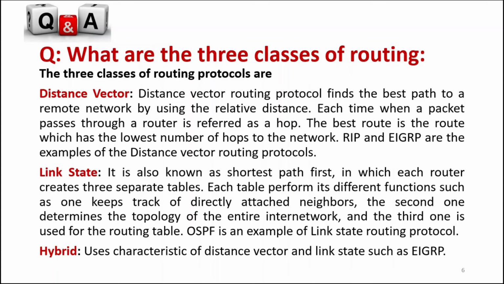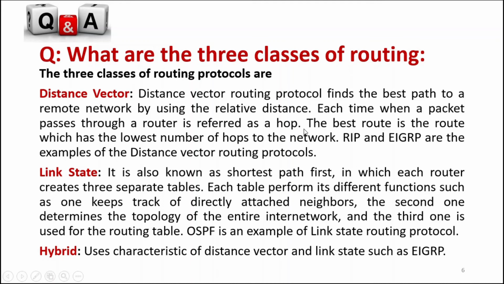A distance vector routing protocol finds the best path to a remote network by using relative distance. It means a distance vector uses distance or number of hops, like RIP. Each time a packet passes through a router is referred to as a hop. Hop here means router.